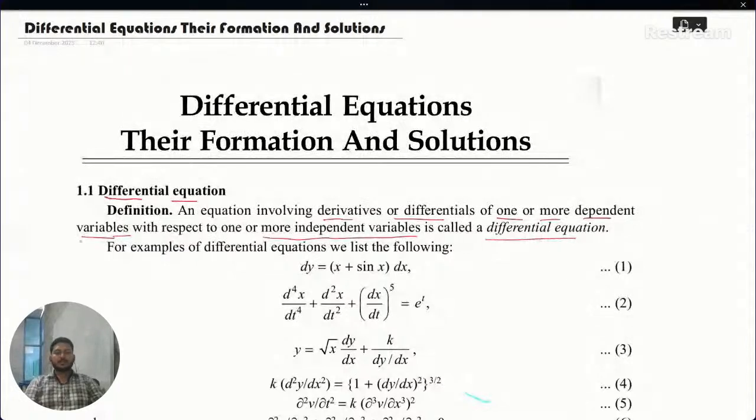So we can say that it is a differential equation. It is a combination which has some derivatives and has independent and dependent variables. Here is a list of differential equations as examples.